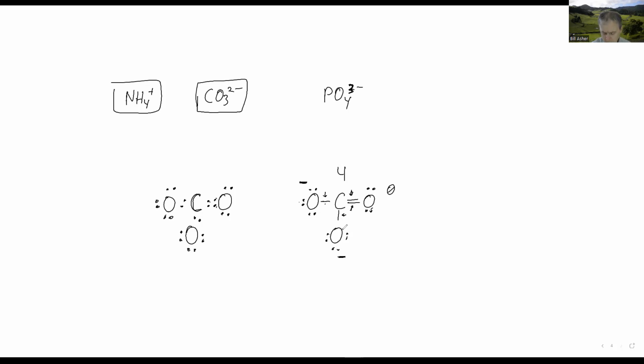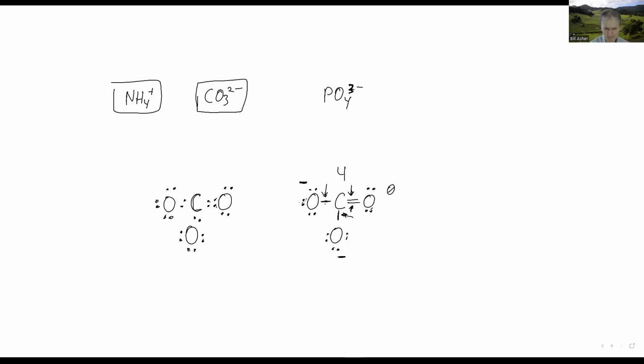So this is where you get the 2 minus charges here, that they come about because each oxygen bonded to this carbon has a negative charge on it. But all of the bonds internally to the carbonate ion are covalent. That bond is covalent, that bond is covalent, that bond is covalent, and that bond is covalent. However, there's a negative charge out here on one of these oxygens.